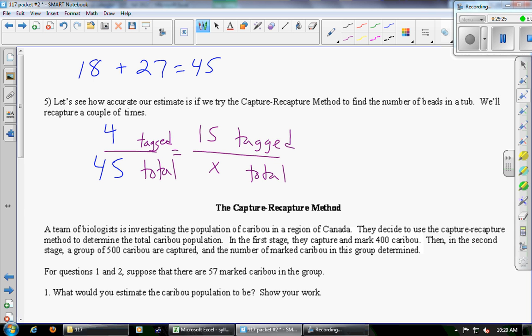Okay, you guys have your proportion. Go ahead and solve this equation somehow. Yeah, we can get a decimal.